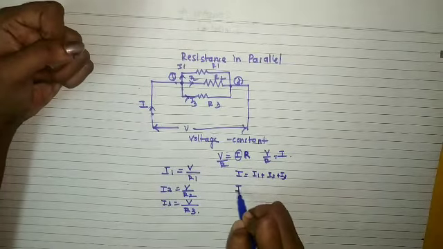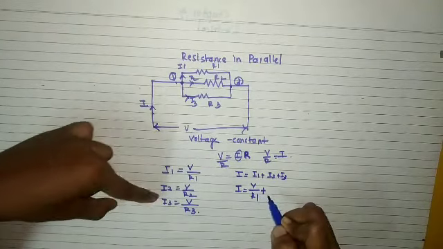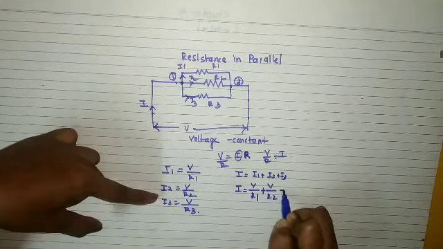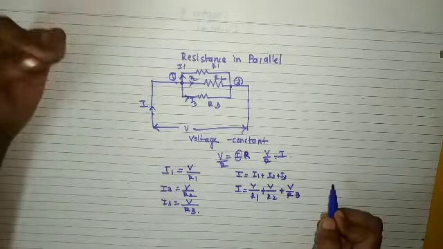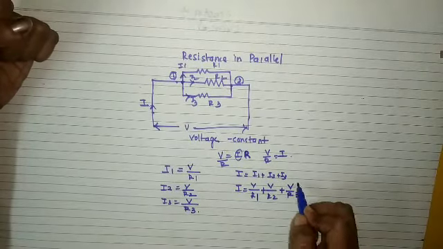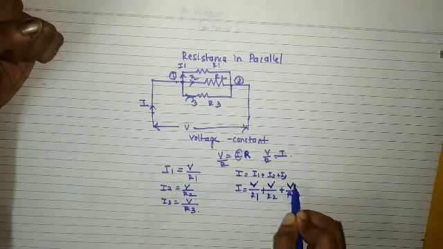So we'll put in the values. I1 is equal to V by R1, I2 is equal to V by R2, and I3 is equal to V by R3. This is the value of I. Here V is constant, so we can take it out.